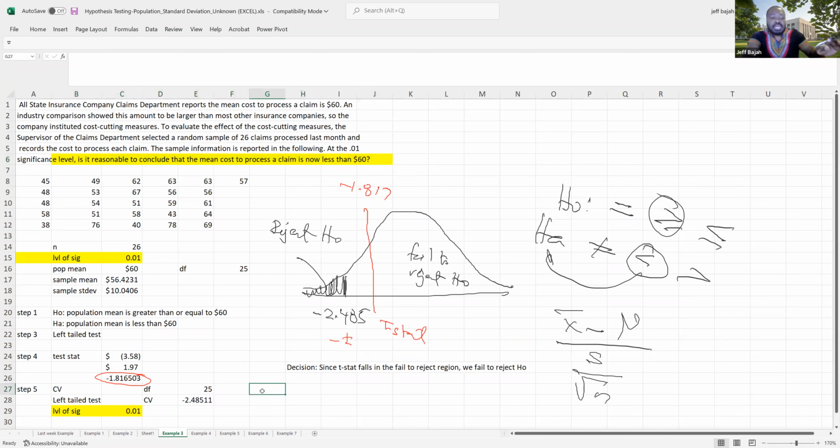No, right? And so sadly, our interpretation here is that at 1% level of significance, we do not have sufficient evidence to conclude that the mean cost to process a claim is now less than 60.